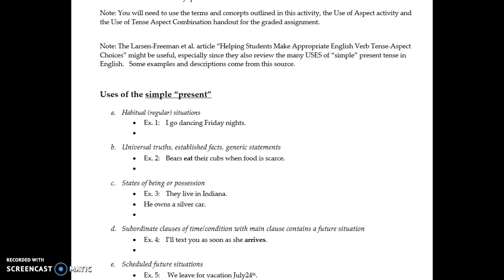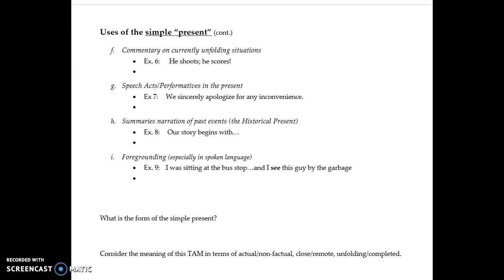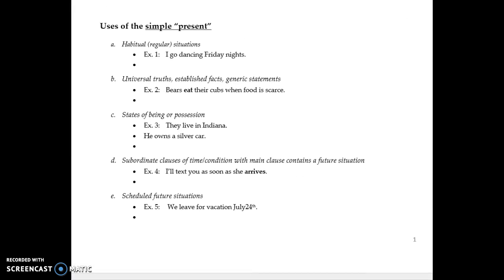Now, I listed some of the uses for the simple present, generally in order that you might see them. We have 1, 2, 3, 4, 5, and on the back 6, 7, 8, 9, we have 9 uses of the simple present.